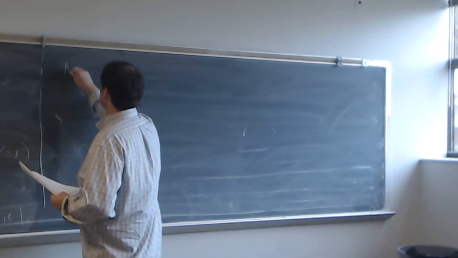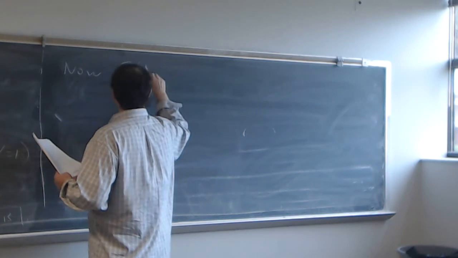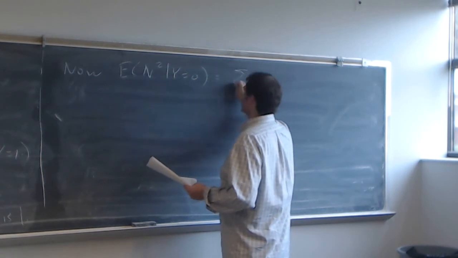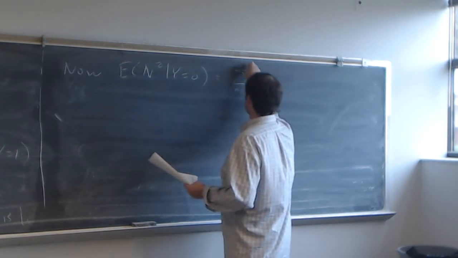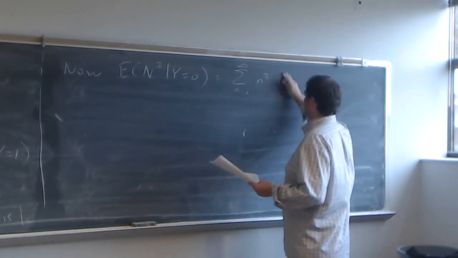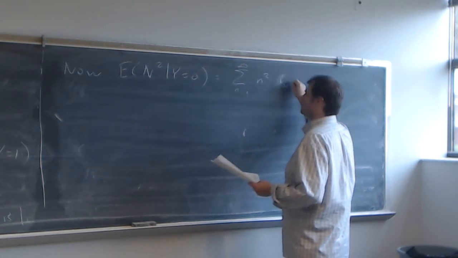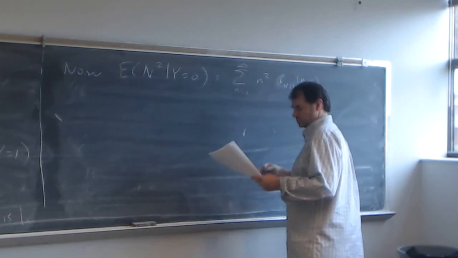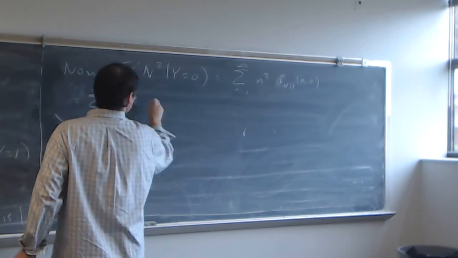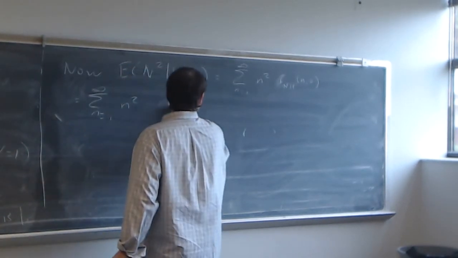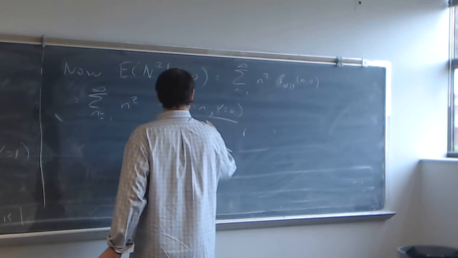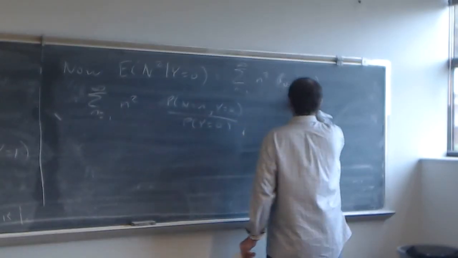Now, the expected value of N squared given Y equals 0 would be the sum, as n runs from 1 to infinity, of n squared times the conditional PMF, f sub N given Y of n given 0, which equals the sum as n runs from 1 to infinity of n squared times the probability that N equals n, Y equals 0, over the probability Y equals 0, as we're talking about discrete random variables.